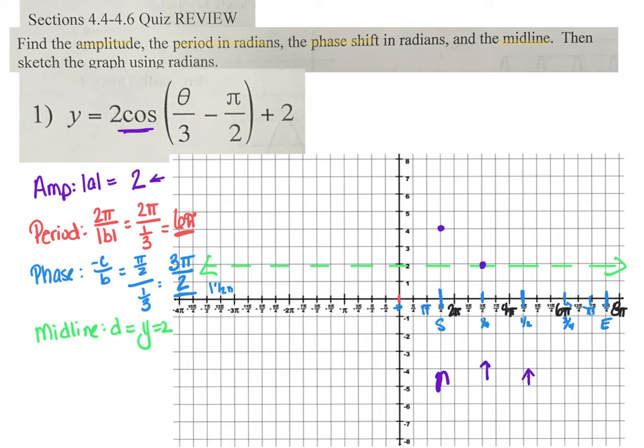At my halfway point, I am going to be below my midline, 2 down. At my 3/4 mark, I'm going to be at midline, and I am going to end at my amplitude. And then I'm just going to connect those with a curve. So I'm going to curve that around, and that will be my cosine graph.